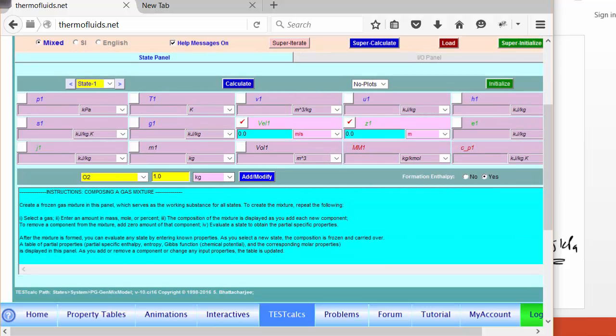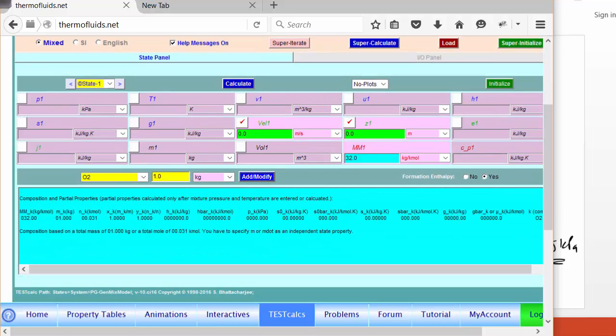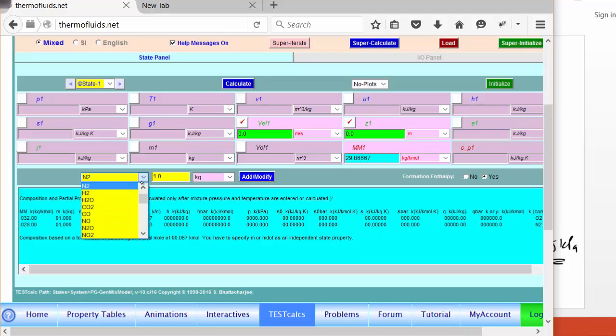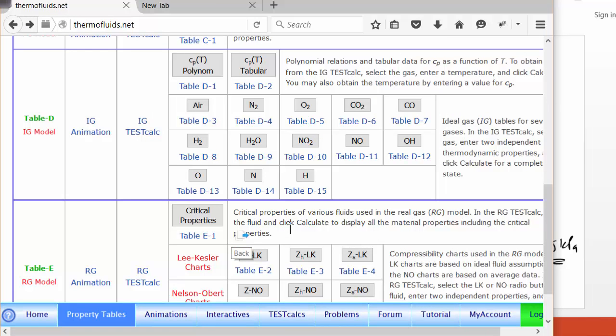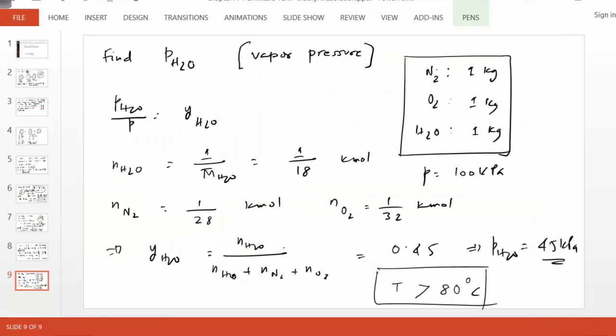We have 1 kg of oxygen, 1 kg of nitrogen, and 1 kg of H2O. Now that we know the pressure, which is given as 100 kPa, notice that all the partial pressures are computed and displayed here. So, sorry, I lost that screen. So the answer of 45 kPa is verified.